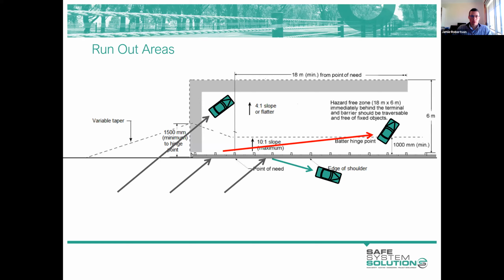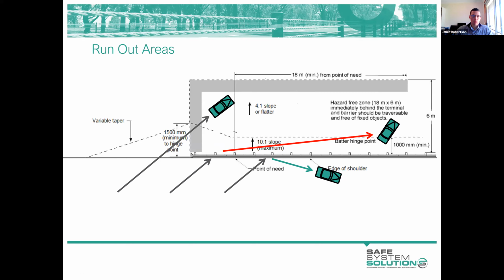Now, this applies to guard fence products and wire rope. And if we're providing a run-out area like this, a vehicle that just misses the start of the terminal has a clear run-out path, and a vehicle that strikes this gating portion of the terminal and continues through will likely come to a stop within that area.